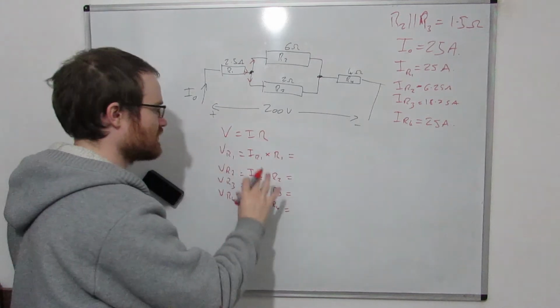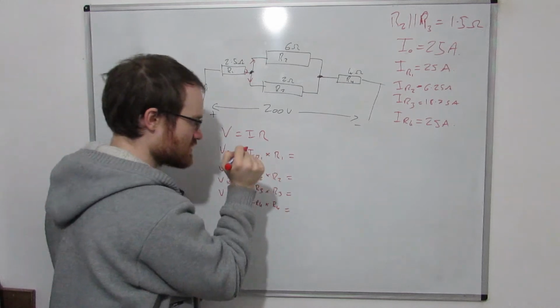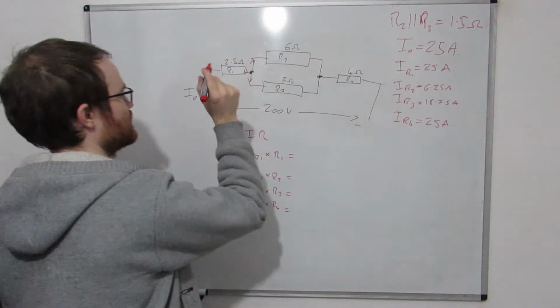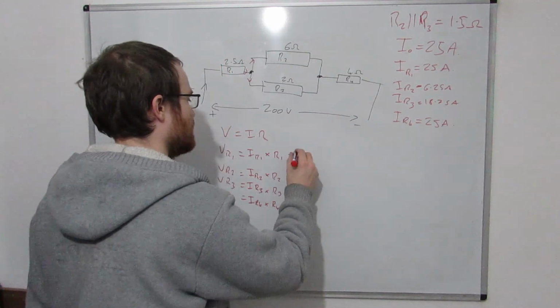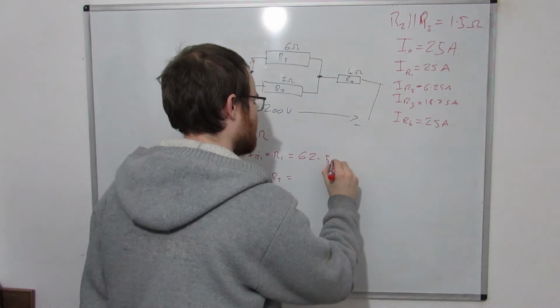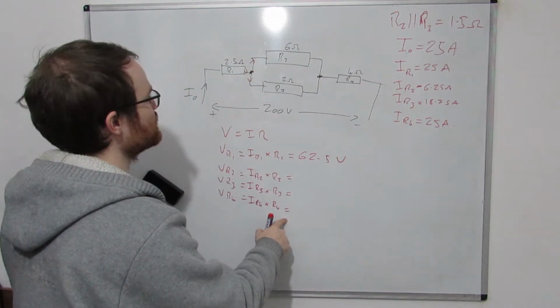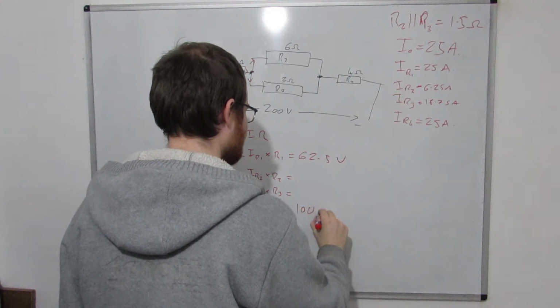Okay, so you write out an equation for each separate resistor: the current going through that resistor times that resistor's resistance. So we've got IR1 is 25 times 2.5, which is going to give us 62.5 volts. And then we know our VR4 is going to be 4 times 25, which is 100 volts.